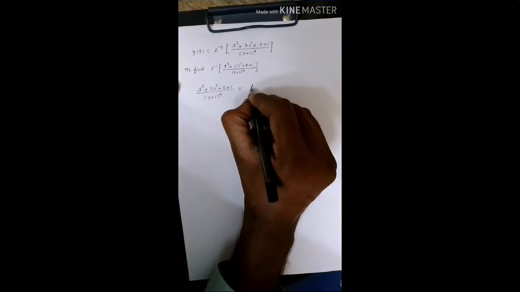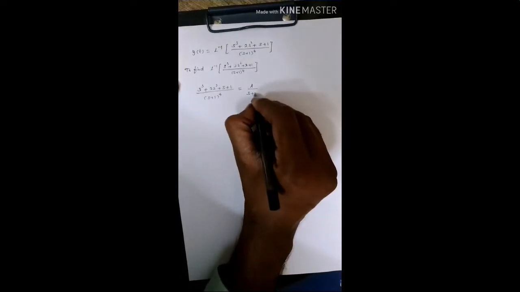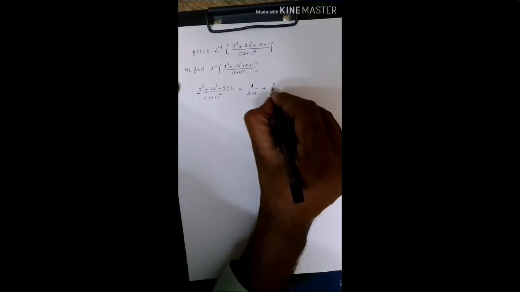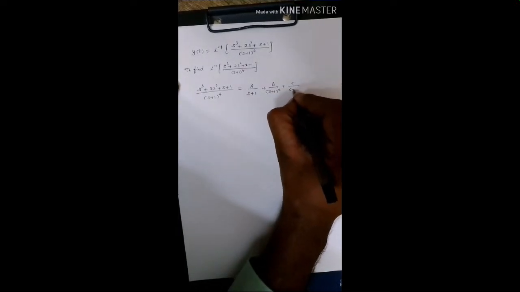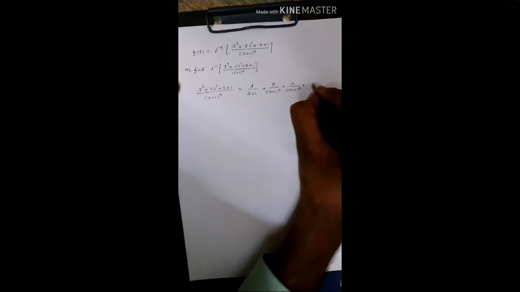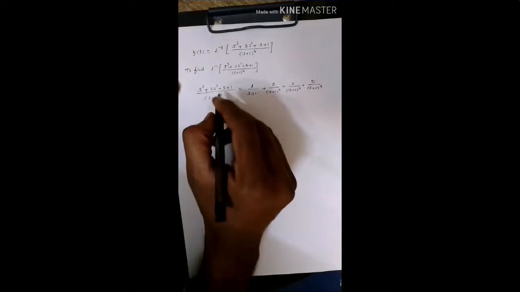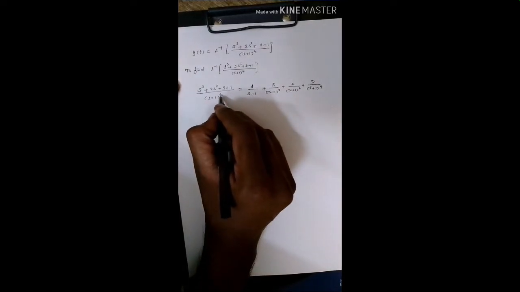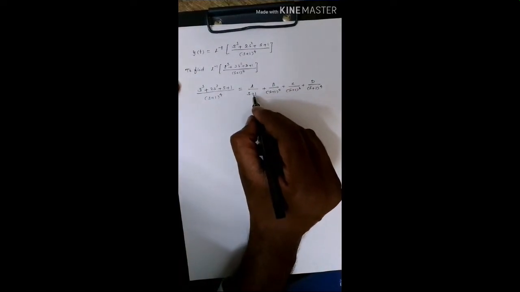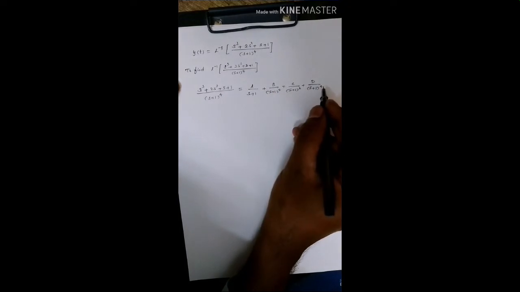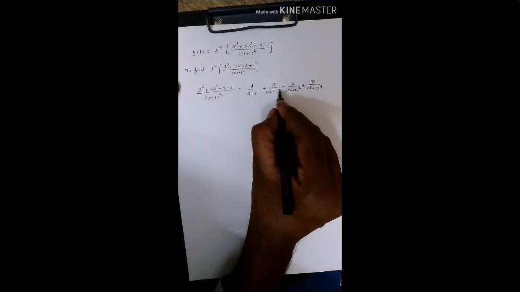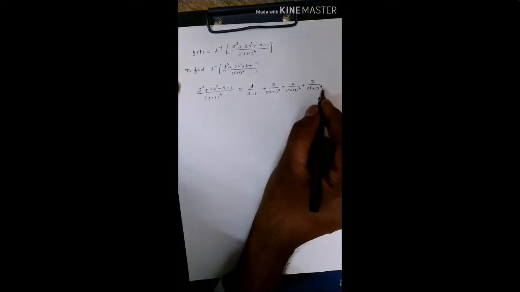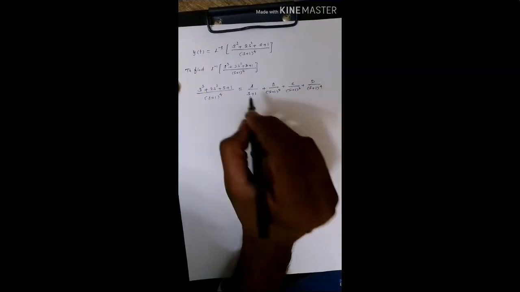So, introduce the constants: a by (s plus 1) plus b by (s plus 1) whole square plus c by (s plus 1) whole cube plus d by (s plus 1) whole power 4. Because only one factor repeats 4 times, we have to take each power for each term. That means first term for first power, second term for second power, third term for third power, fourth term for fourth power. This is the method.